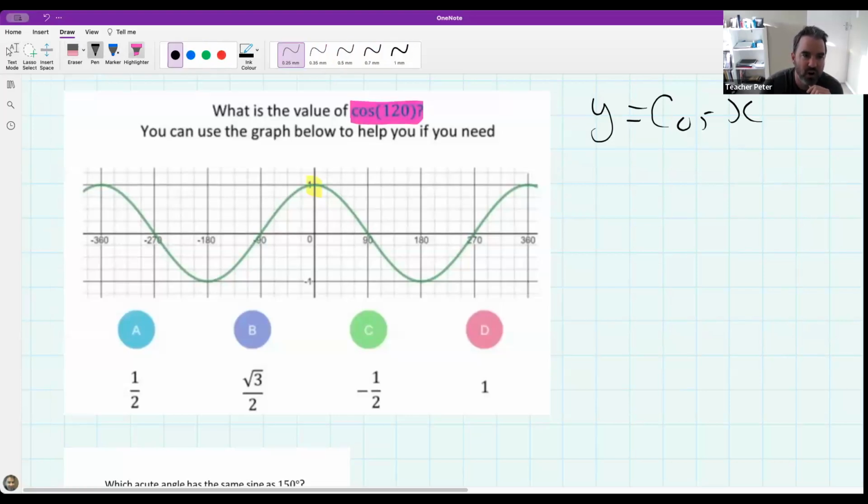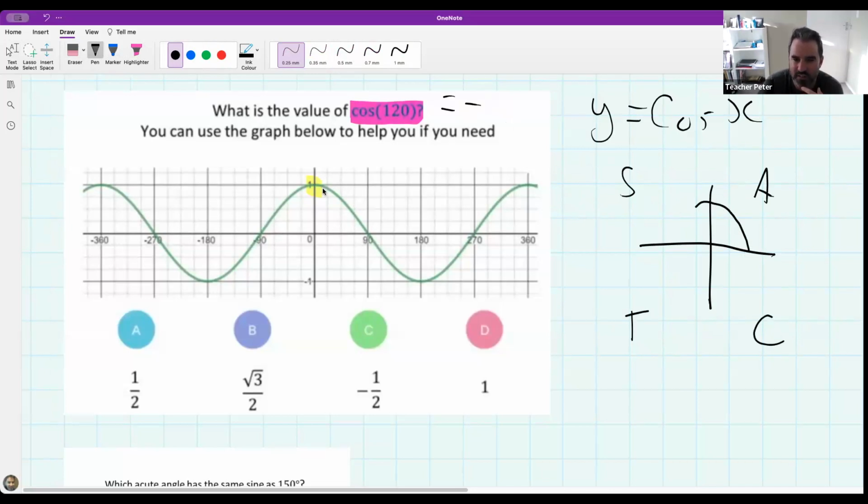Now, using the cast diagram, I kind of know that in this quadrant, it's going to have to end up being negative, don't I? Because I know that in this quadrant, only sine would be positive. So in some ways, once you know the cast diagram, you almost don't even need to look at the drawing. But which option do you think it is? A, B, C, or D?